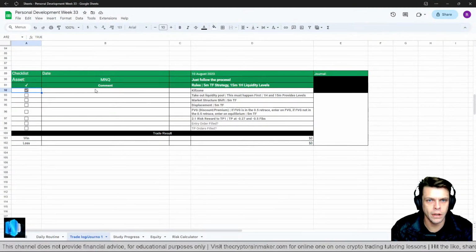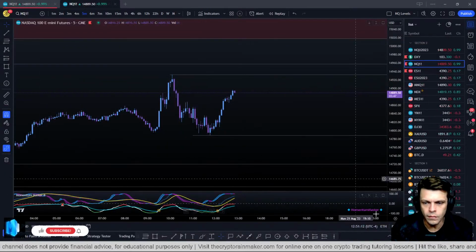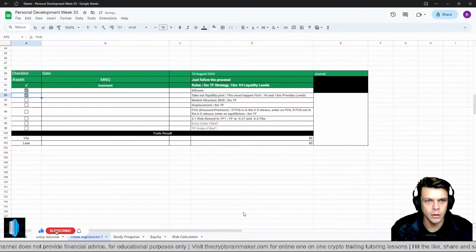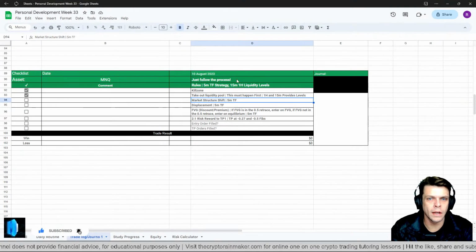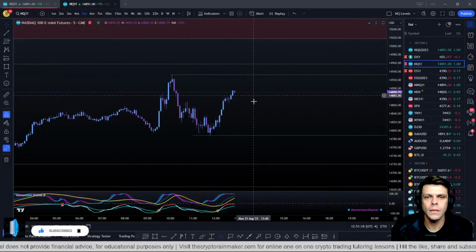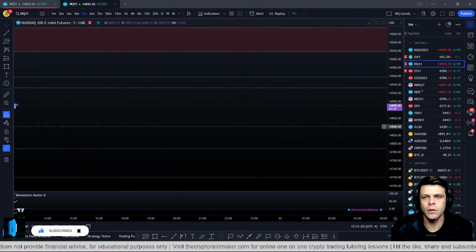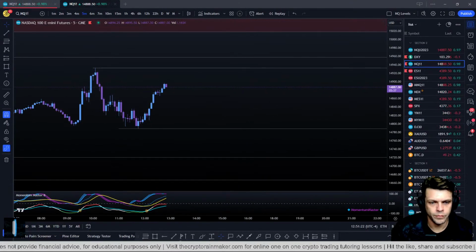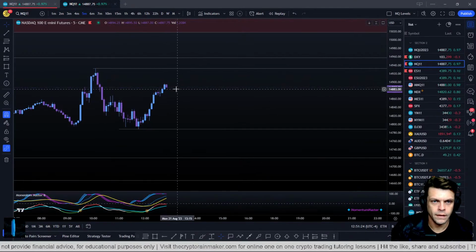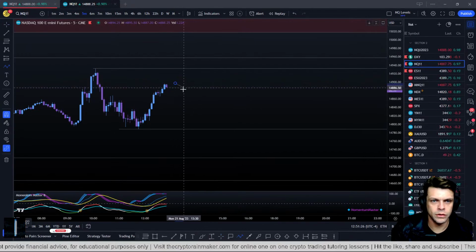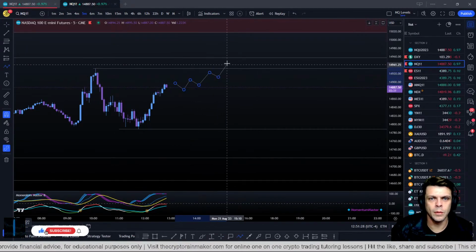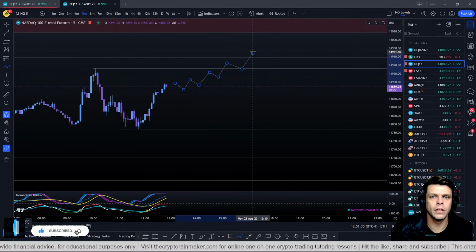Let's quickly go through that again, because this is kind of important. So take out the liquidity pool. Let's say price action works its way up into the liquidity pool.